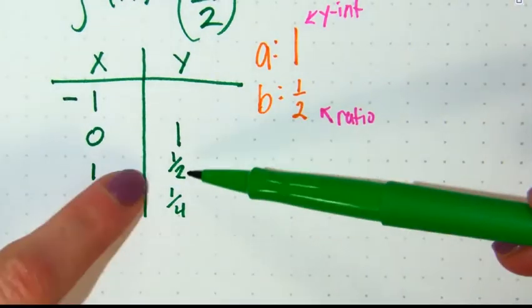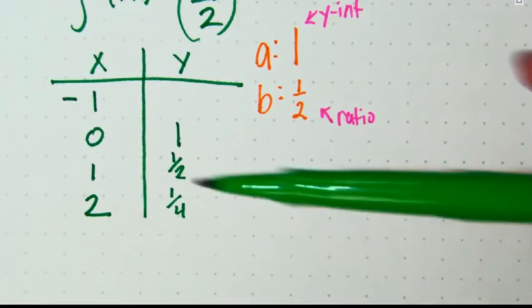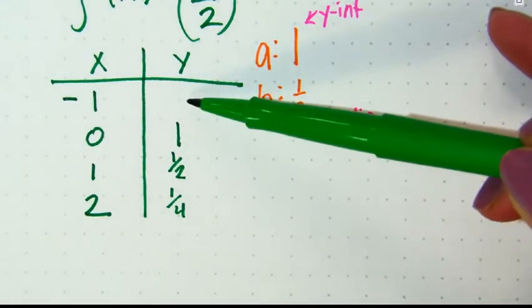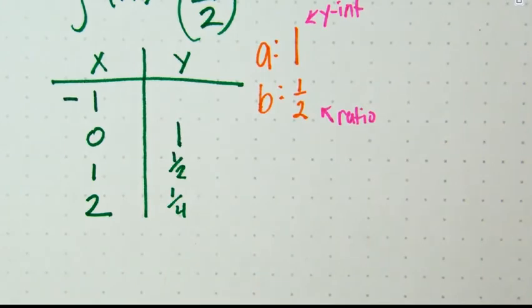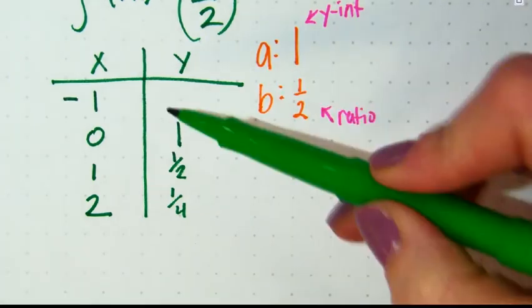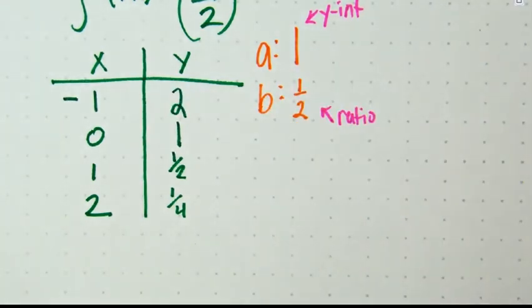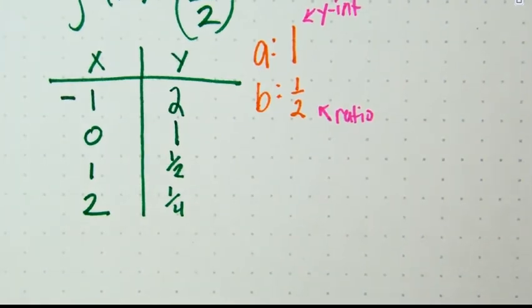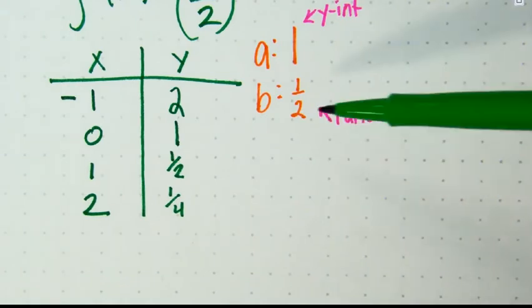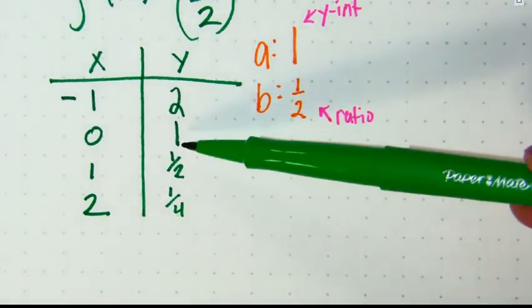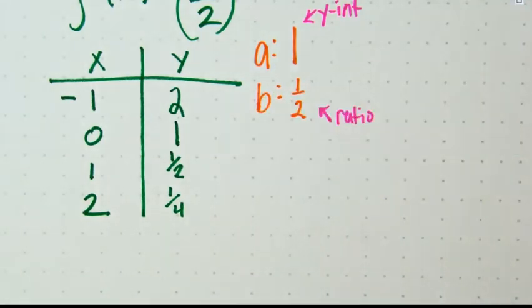So if I want to move backwards, another way you can think about this is what number would have to go here so that when I multiply it by a half, I get 1. 2 times a half is 1, right? The other option, like with a calculator, if we know our ratio is 1/2, you take 1 divided by a half.